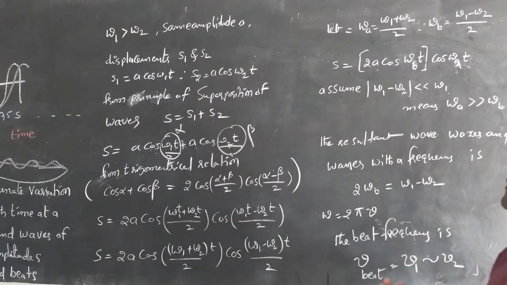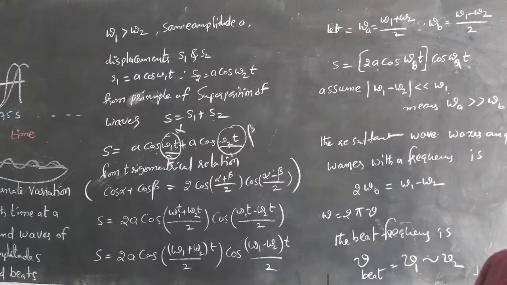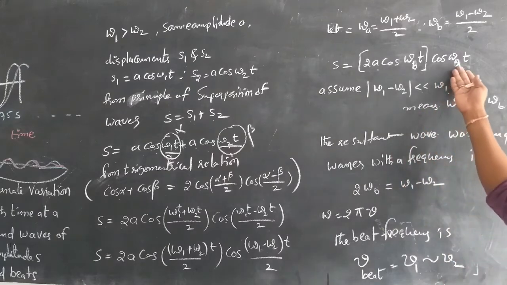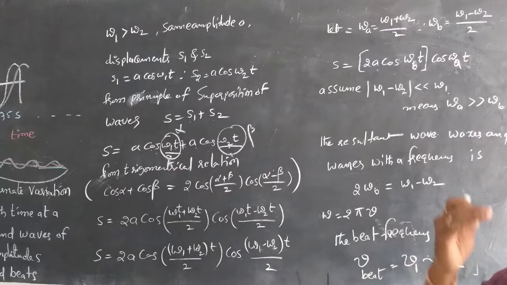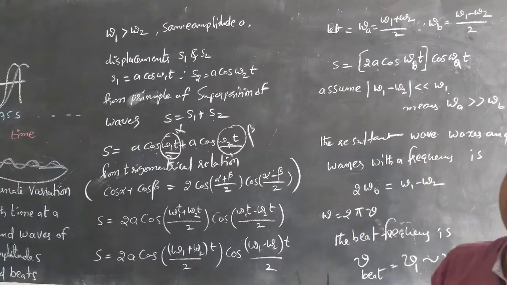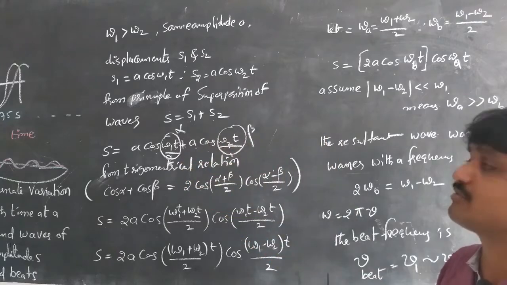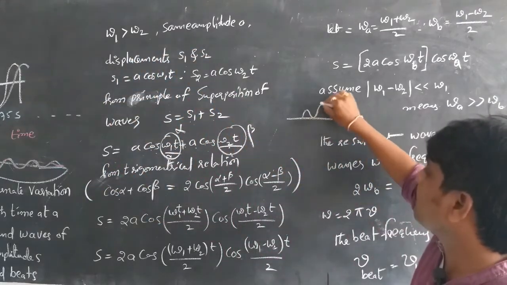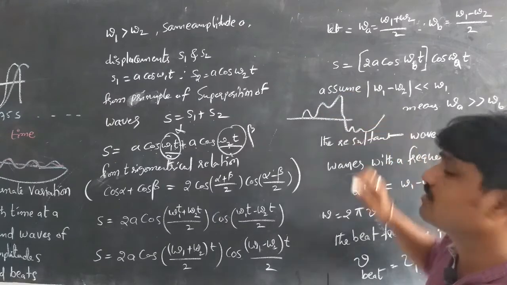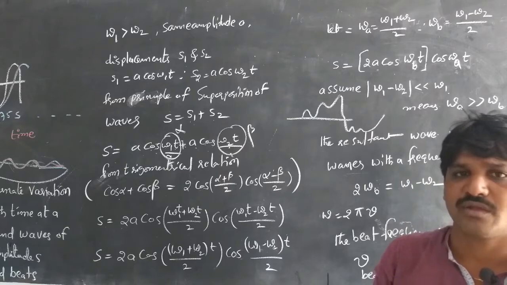Then the resultant wave waxes and wanes according to the term cos omega B t, which moves in the positive or negative direction, either upwards or downwards. Downwards means minimum sound, and upwards means maximum sound.